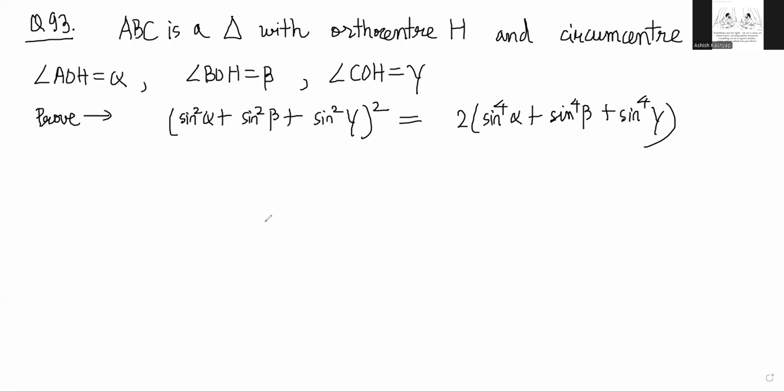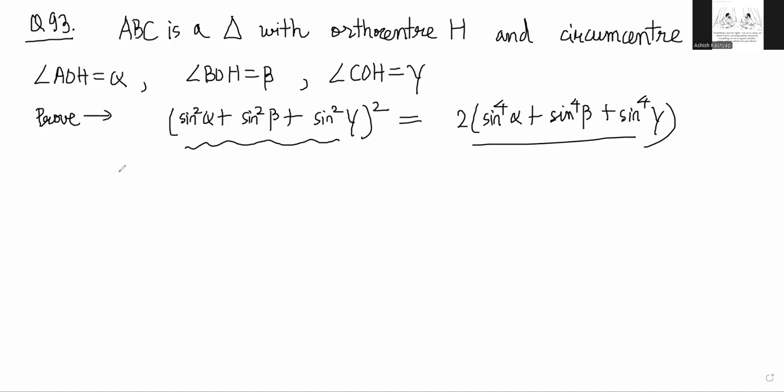So let's think about it. Sir, let's make the diagram. So, okay, before we do that, let's rewrite this condition a little bit. If you take everything to one side, what will happen?